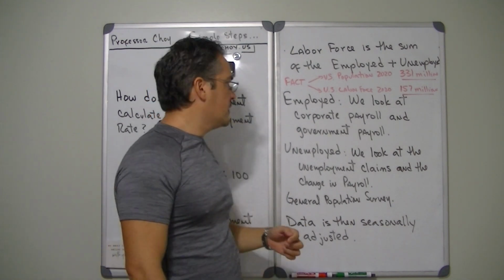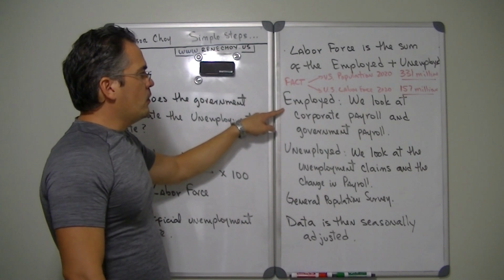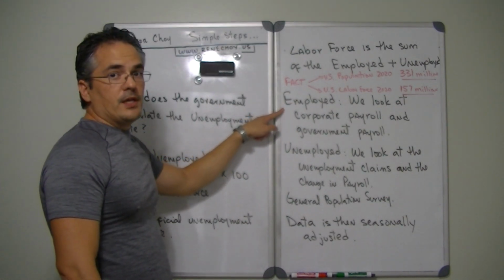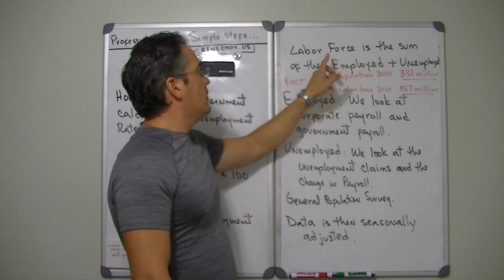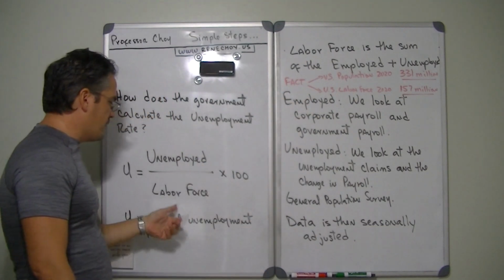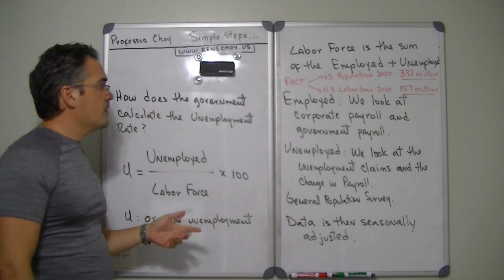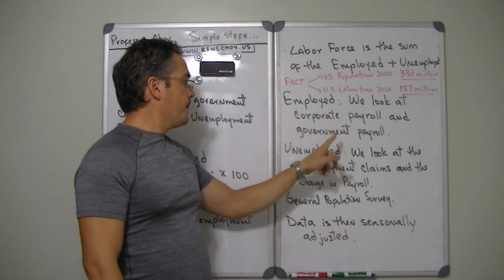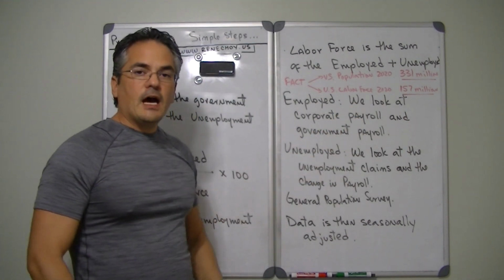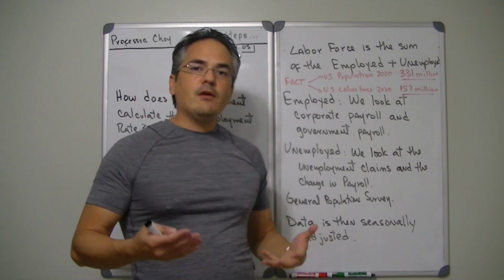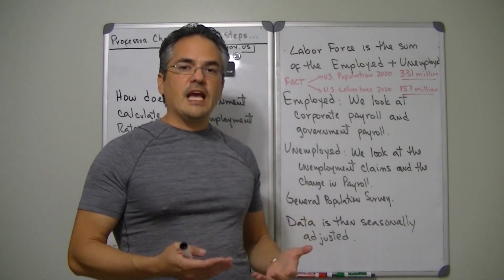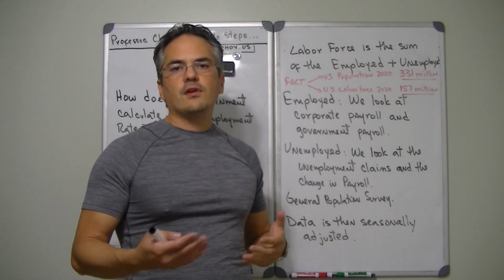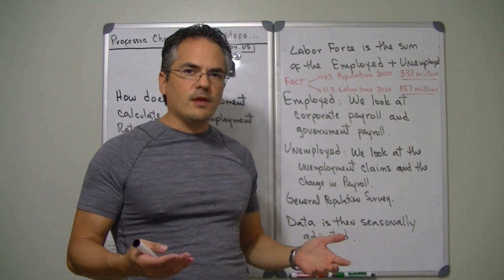Now, how do we know the amount of people that are employed, so we can figure out the amount of people that are in the labor force so we can calculate this number here? Well, we figure it out by looking at corporate payroll and government payroll. Now, most people get their payroll deductions every 15 days or every 30 days or every week, depending on when you get paid.